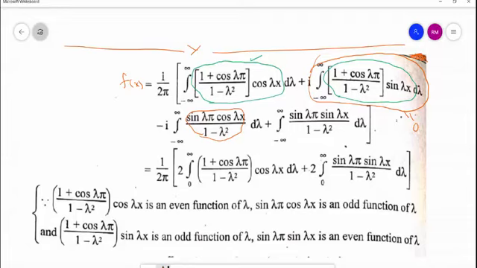So even upon even is even, and even into odd is odd. That's why the integration from minus infinity to plus infinity of this will be 0. So the second and third terms will vanish.